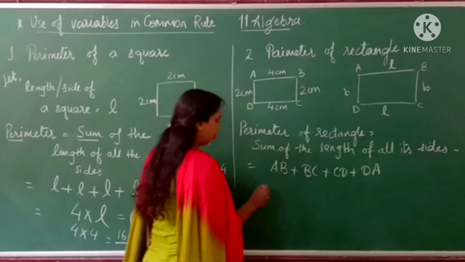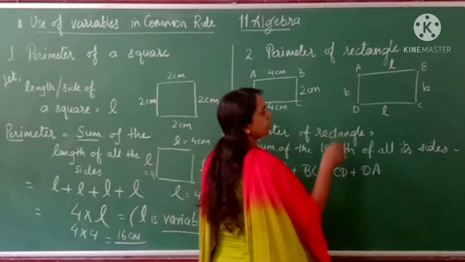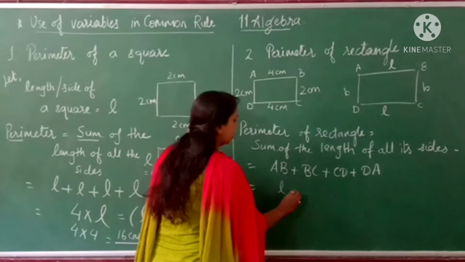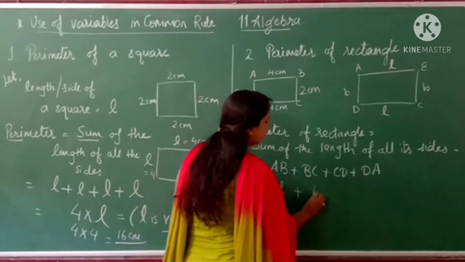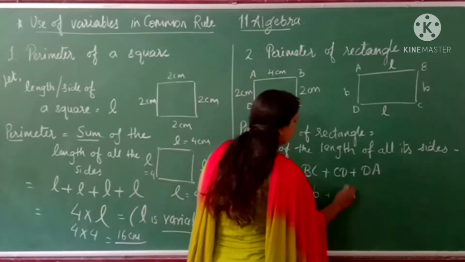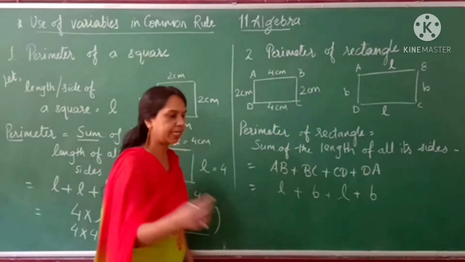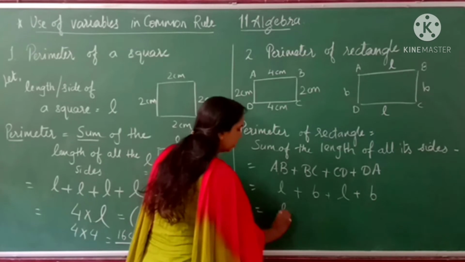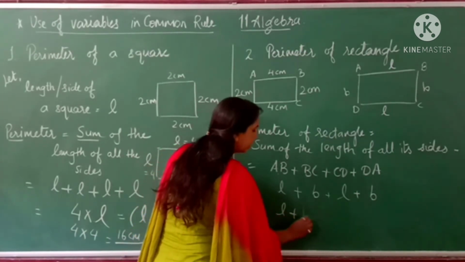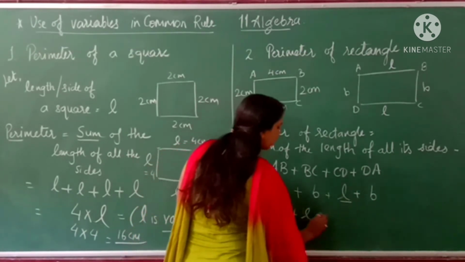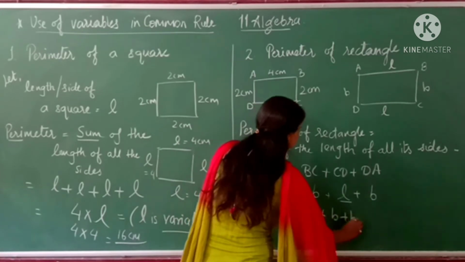What is AB here? AB is, suppose, L, and this and this plus B plus B.